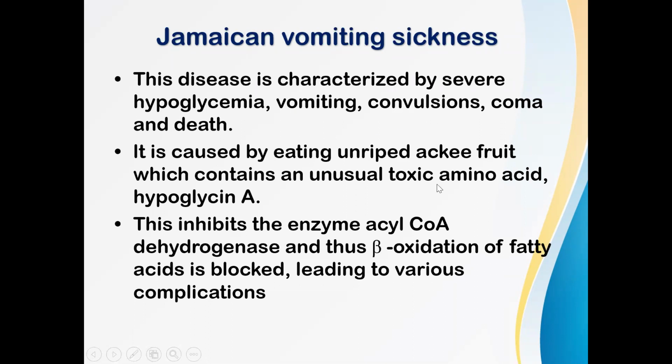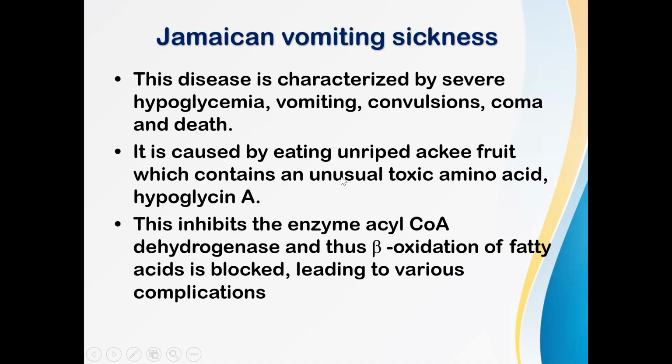This ackee fruit contains a toxic amino acid called hypoglycin A. This hypoglycin A inhibits the enzyme, again, acyl-CoA dehydrogenase, and this will lead to beta oxidation blockade, that will lead to various complications associated with the mentioned symptoms like vomiting, convulsions, coma, and ultimately that can also lead to death.